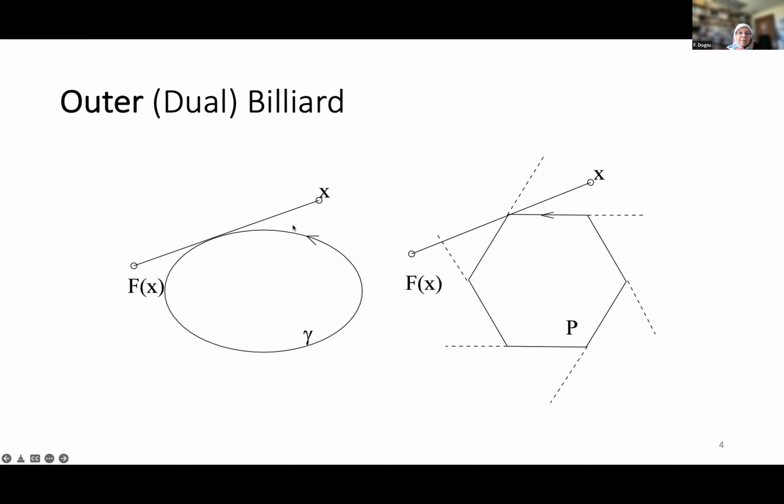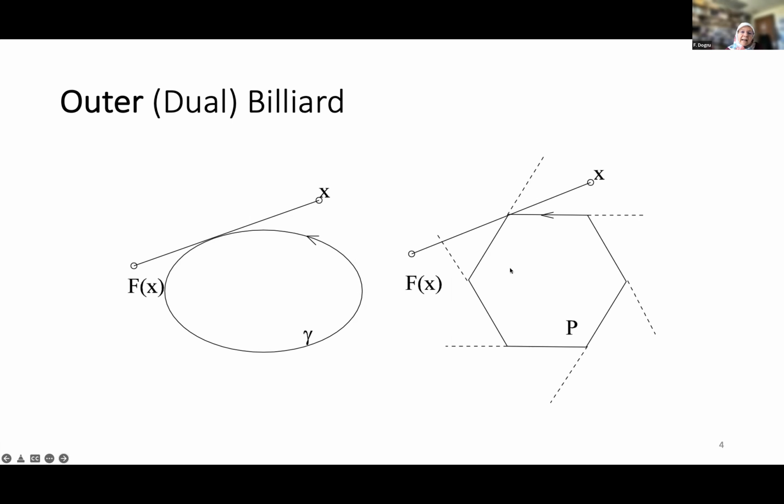When we have this tangent line, we reflect the point at the tangency point to get the image point, and the motion continues exactly the same way. Whenever the orbit returns to the original point, we have a periodic orbit. This is very well known. It is an area-preserving map, a very nice map in fact.